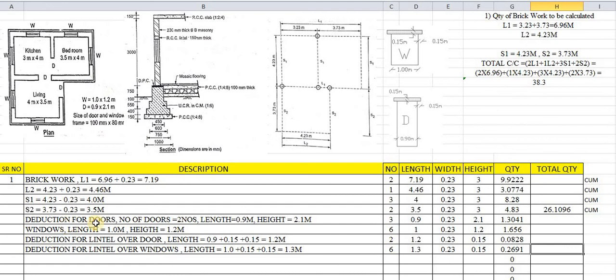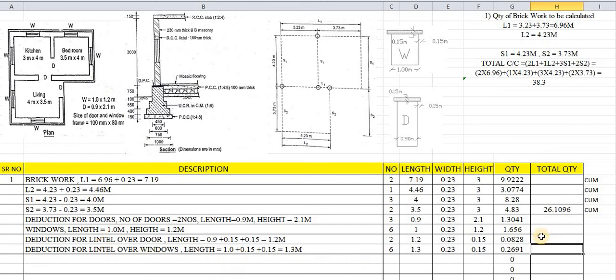So these quantities are the quantities which we are deducting from the total quantity. So these are the minus. So we will calculate this, and we will deduct from the total quantity. So here we have deducted for door and window openings, and deductions for lintels.